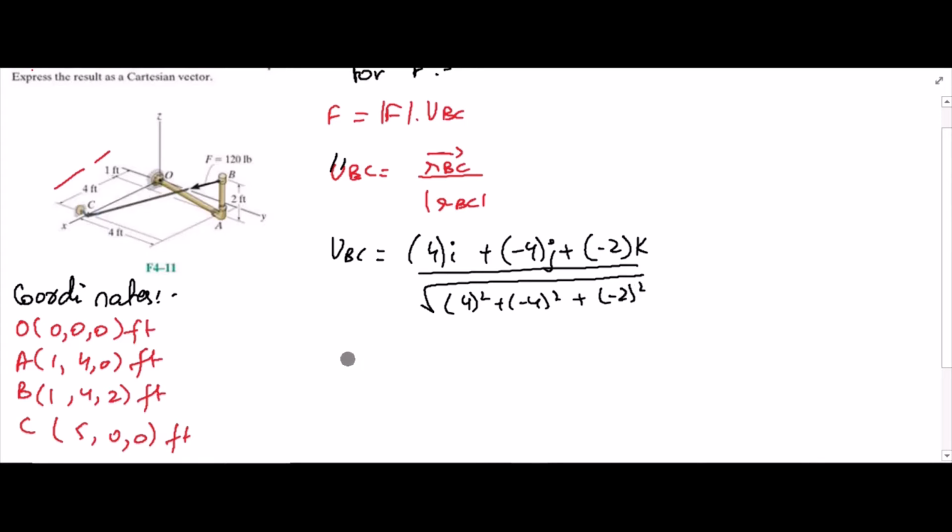From here, if I put the value of U_BC in this equation, let's call this equation A, then F in Cartesian vector form becomes 80i minus 80j minus 40k.